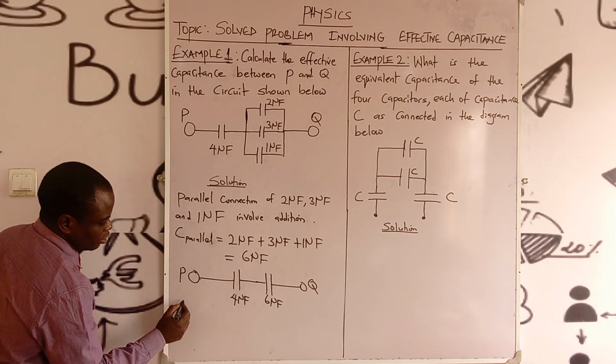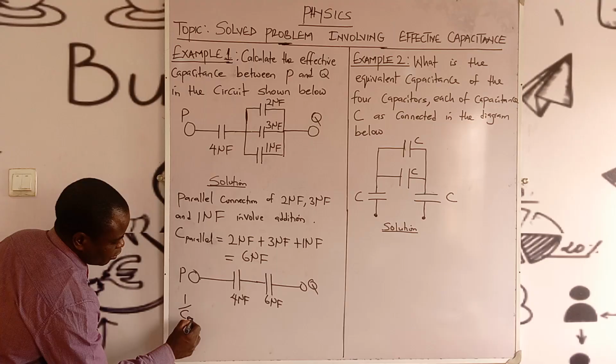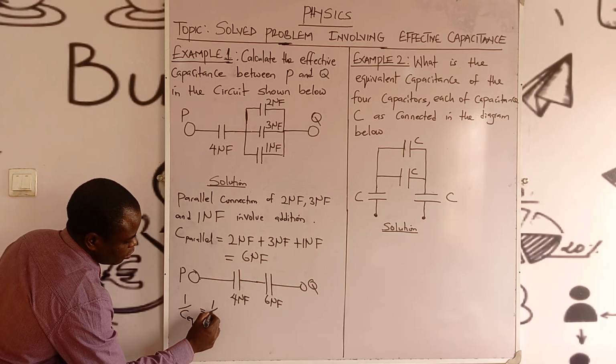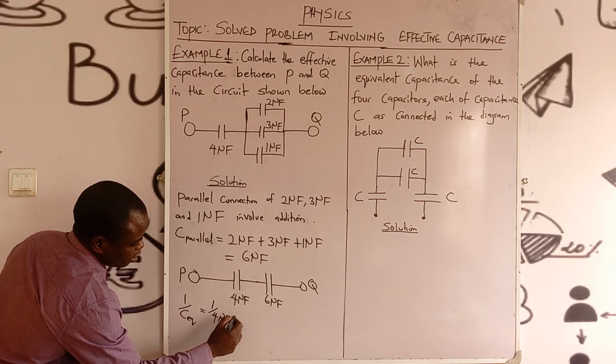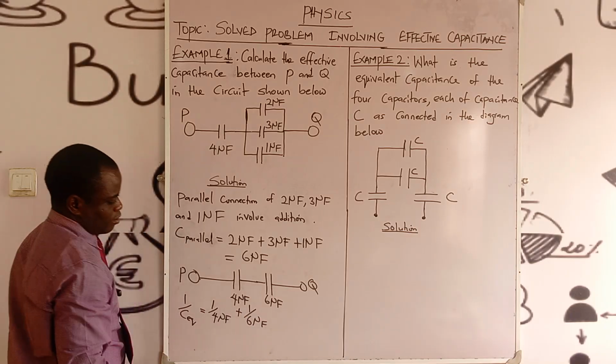Now, since they are in series, we find the reciprocal. 1 over C equivalent equals 1 over 4 microfarad plus 1 over 6 microfarad.